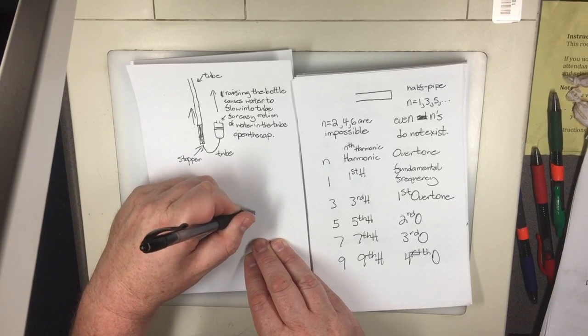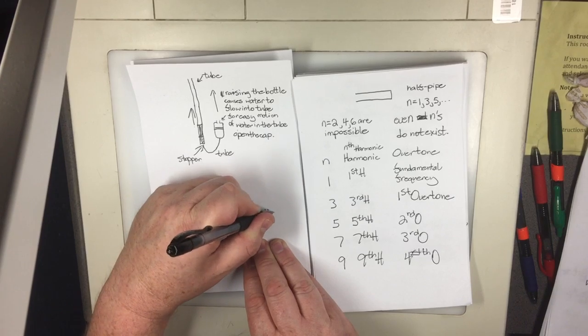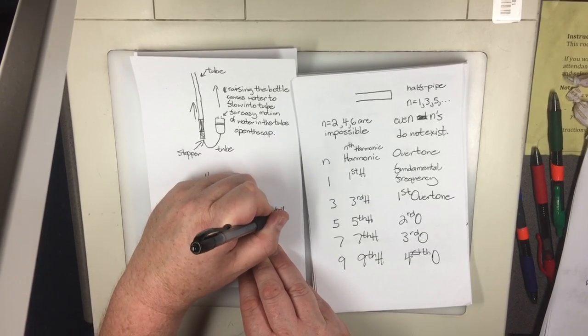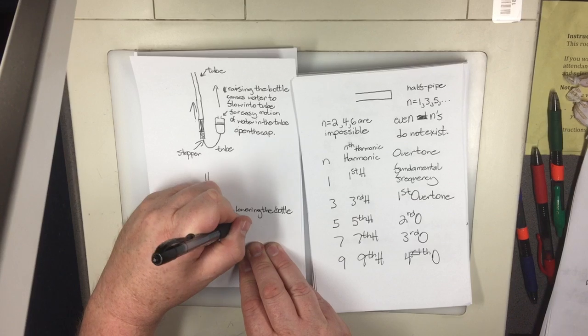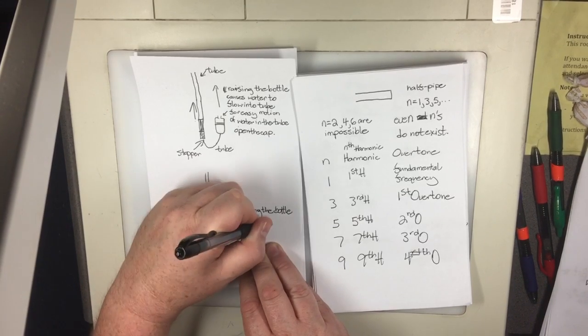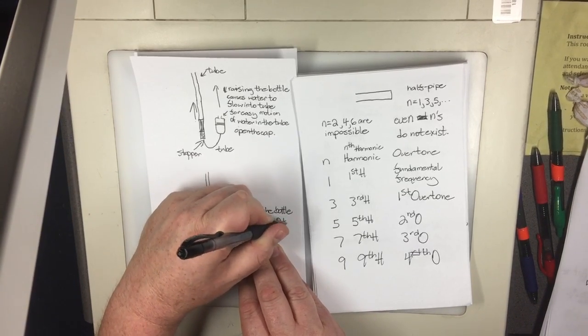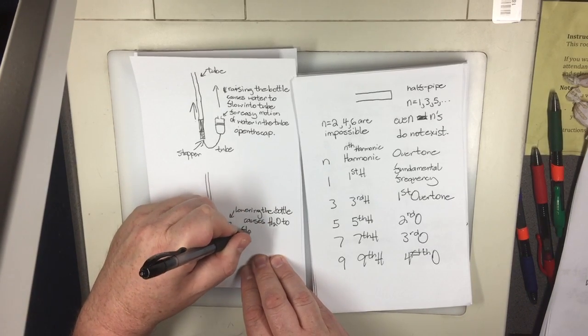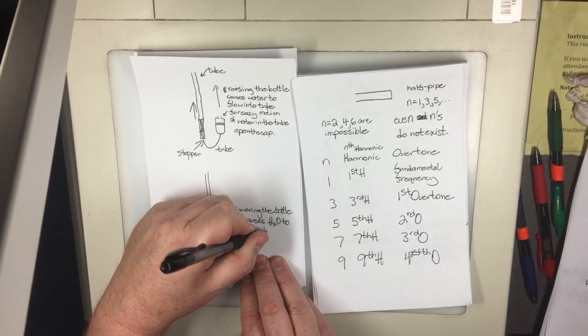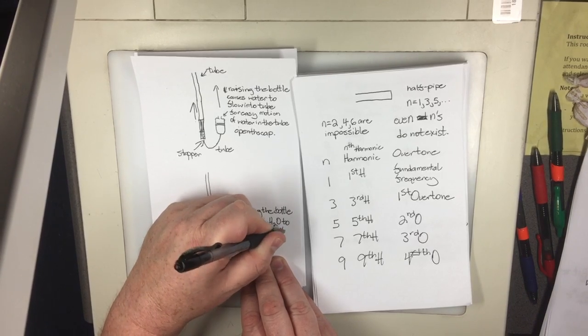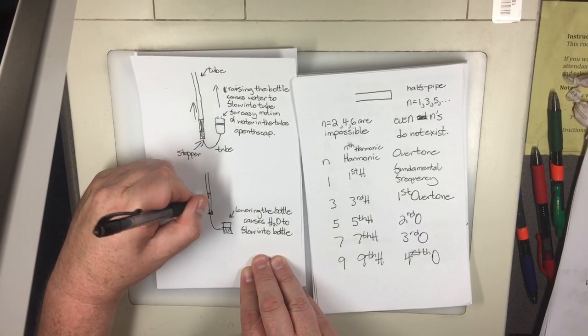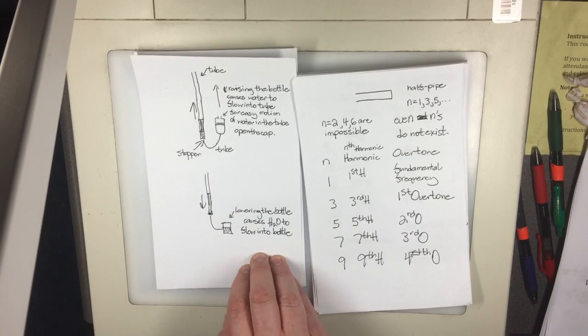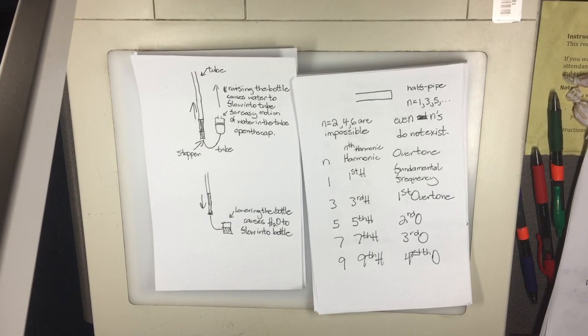Lowering the bottle causes water to flow into the bottle, and if it flows into the bottle, that water level will drop. So if you raise the bottle, the water in the tube rises. If you lower the bottle, the water flows out of the tube.